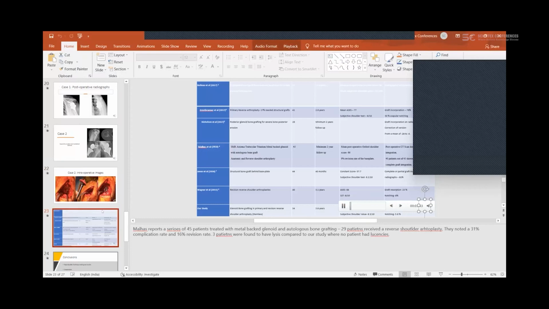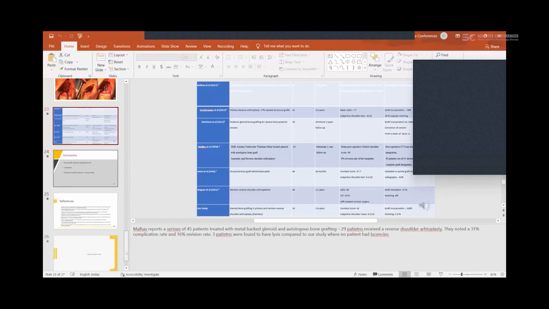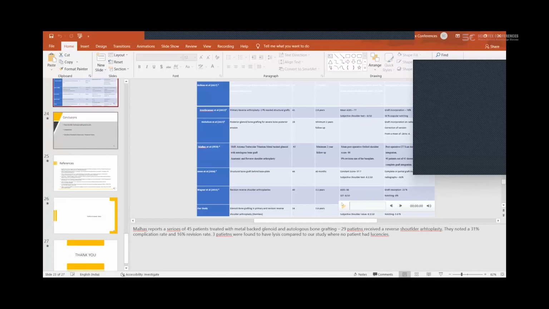And this table looks at the different studies, comparing our study to them. What you see is that our study is comparable, with lower notching noted.